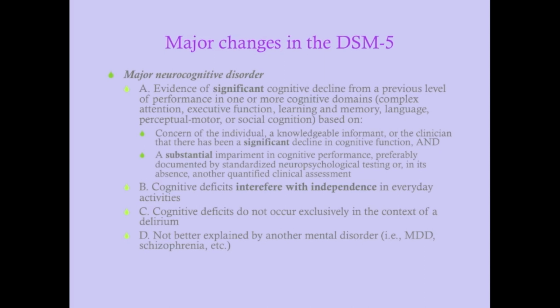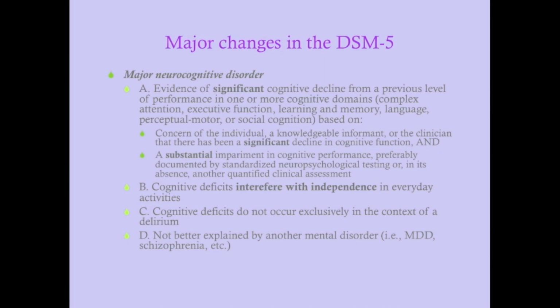Criterion B is cognitive deficits that interfere with independence in everyday activities. And really, this is going to be your best criterion to help you differentiate major neurocognitive disorder from mild neurocognitive disorder. And then C, the cognitive deficits don't occur exclusively in the context of delirium.